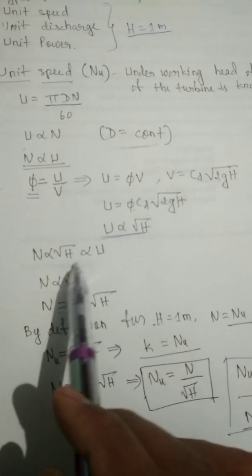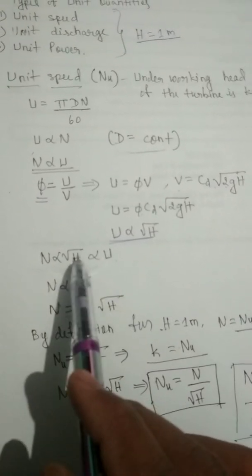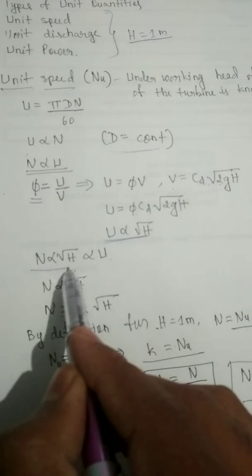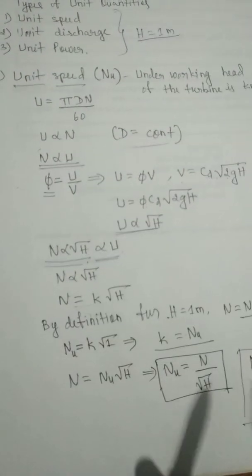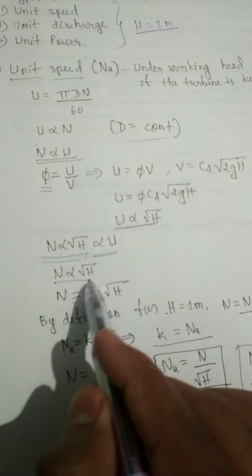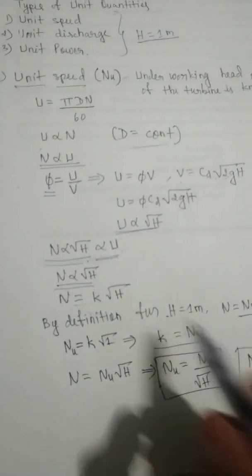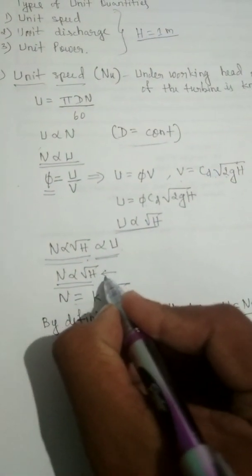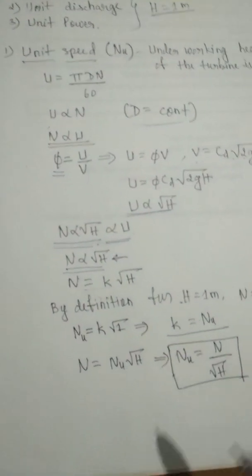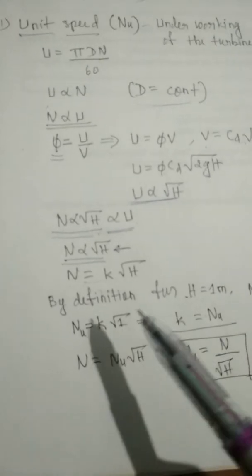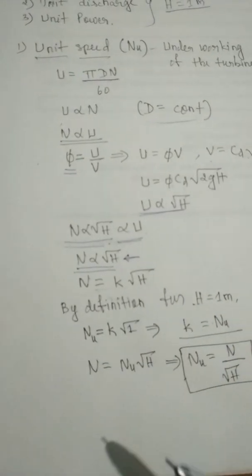So we get n is directly proportional to u, which is also proportional to square root of h. Finally we get n is directly proportional to square root of h, which is a very important relation. That means the speed of the turbine is directly proportional to square root of head.